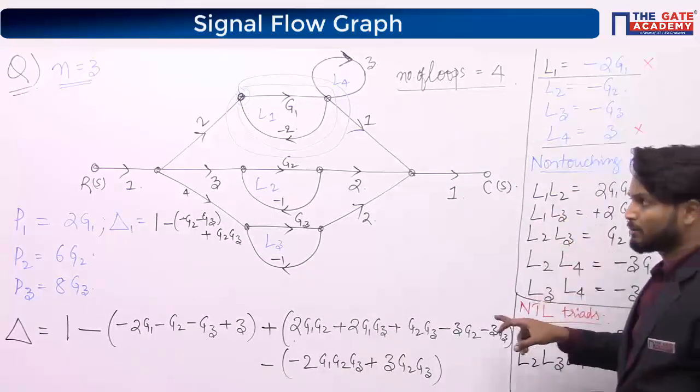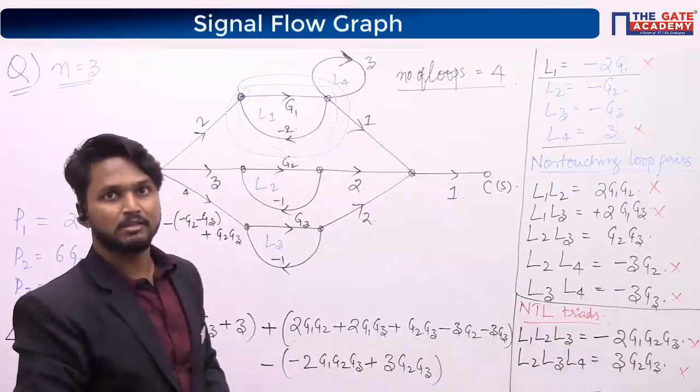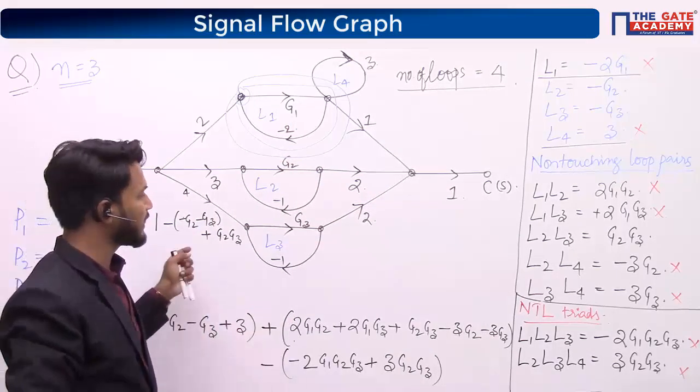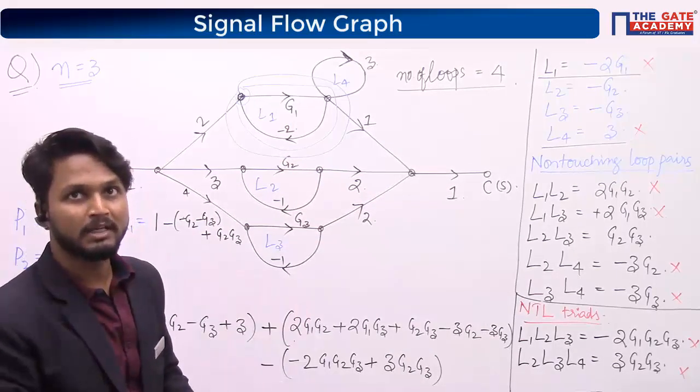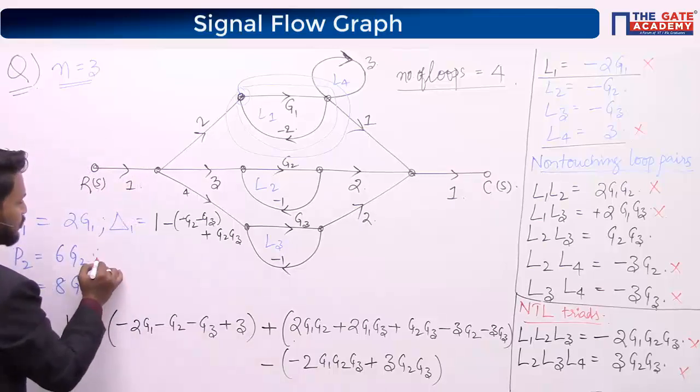Wherever L1 and L4 are present, they are neglected. Is it clear? There is no specific formula; from the formula of delta only we are calculating delta 1 also. Is it clear? Right. So let us calculate delta 2 here.